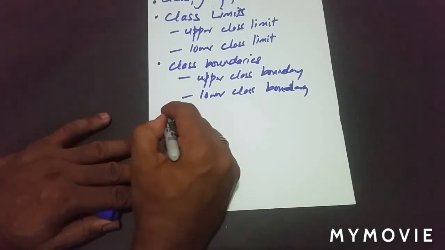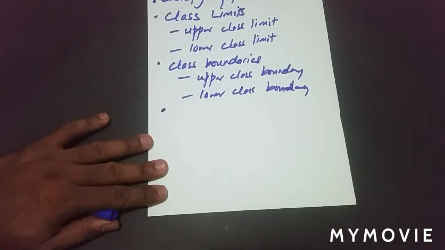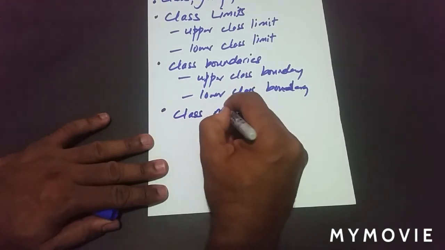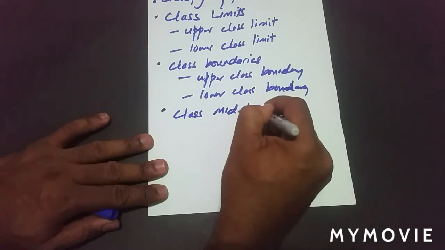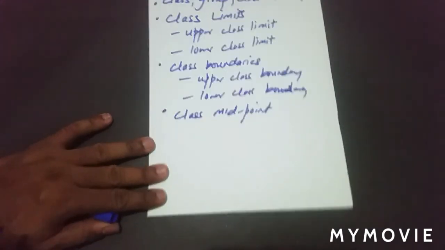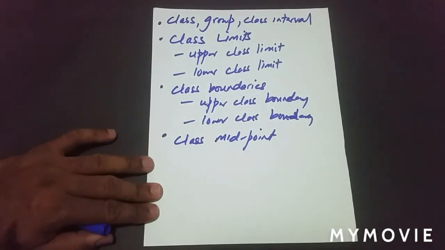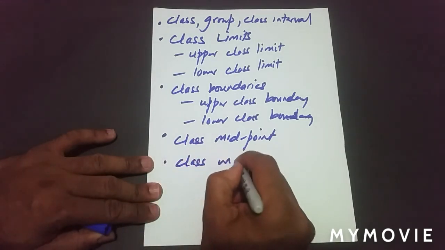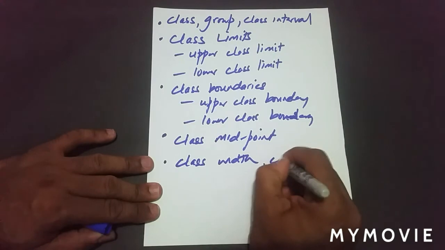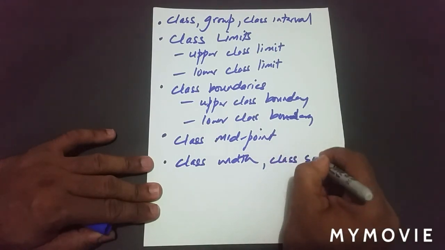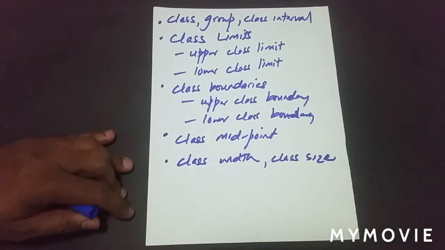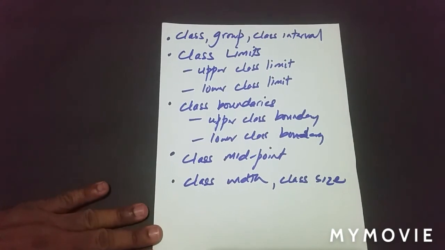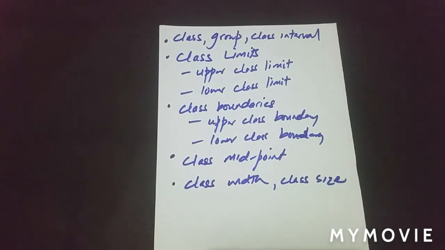Next thing you need to know is what class midpoint is, and that has been discussed several times before. And the next thing you need to know is how to find the class width, which is also called class size. So you need to know all of these terminologies in moving forward in statistics.